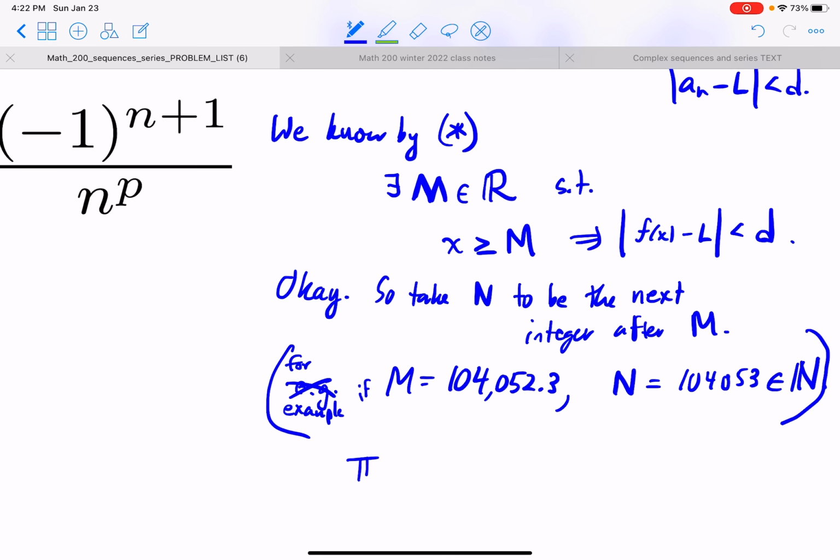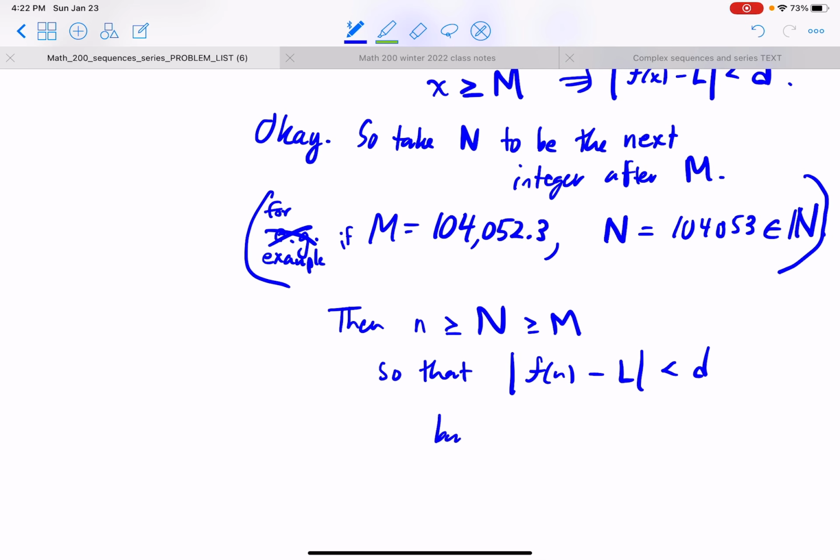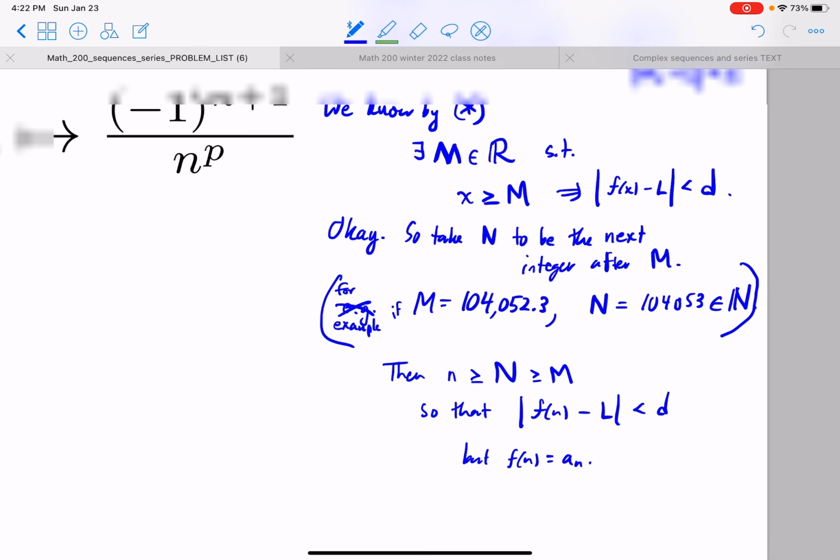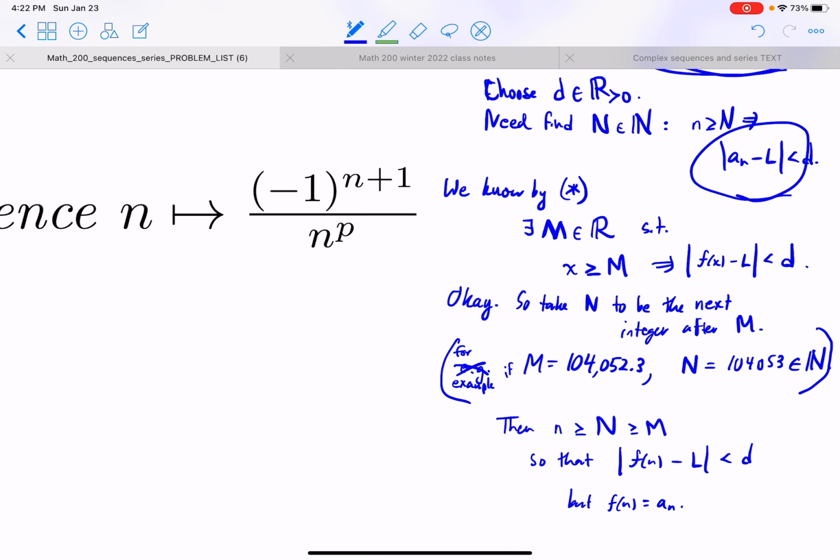Then n greater than or equal to capital N implies that f of n minus L is less than D. But f of n is our sequence. And that's what we wanted to prove, that a sub n minus L is less than D, and f of n is a sub n.